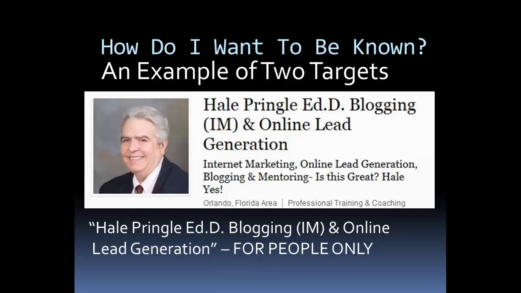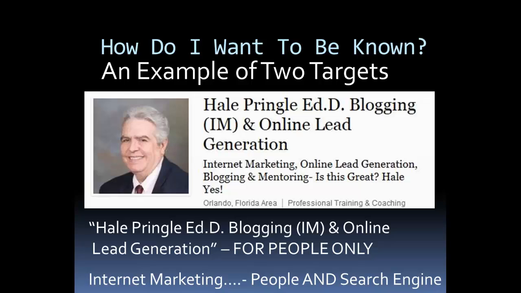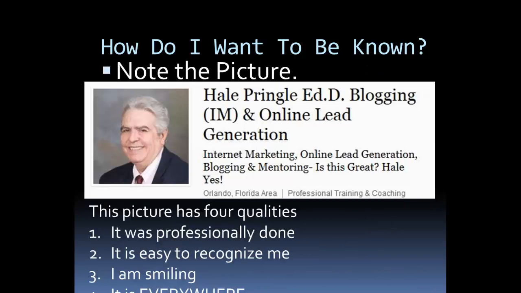However, when people see me, they're going to see those lines, and so it can be useful for them. So like I said, I've hijacked the name field to put some of my credentials, which helps for the people, but not for the computer. And the second set, the internet marketing, that's both for the people and the search engine. Okay?